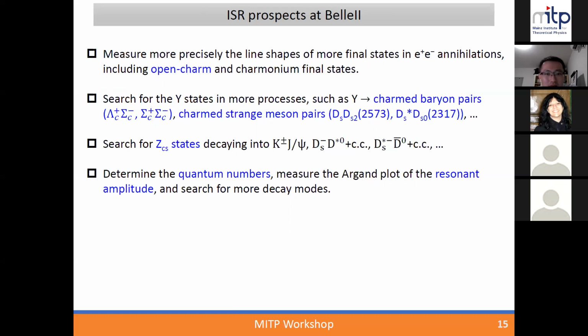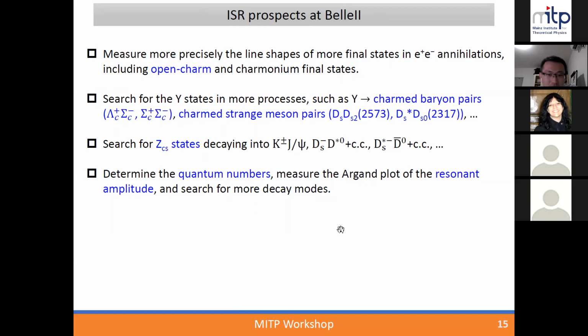And the charm-strange meson pairs, for example, Ds2, Ds*, Ds0. And we can also search for the Zc states decaying into the J/psi, D D-bar pair like this.